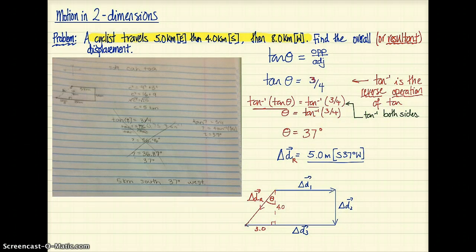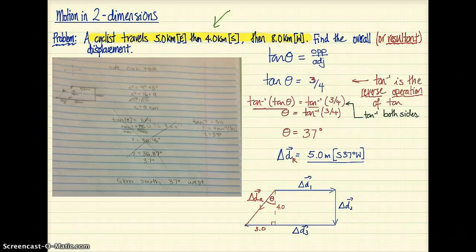So if it was just east and west, 5 kilometers east, 8 kilometers west, we could say overall that's the same as 3 kilometers west for the displacement. But now we've got this 4 kilometers south in here to think about. So that makes it a two-dimensional problem, no longer a one-dimensional problem.